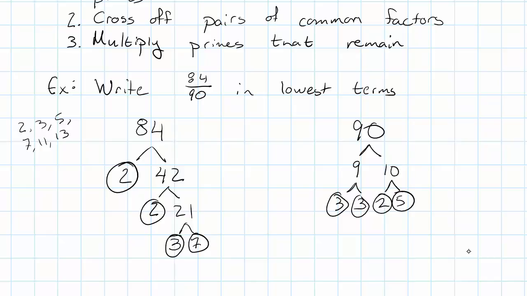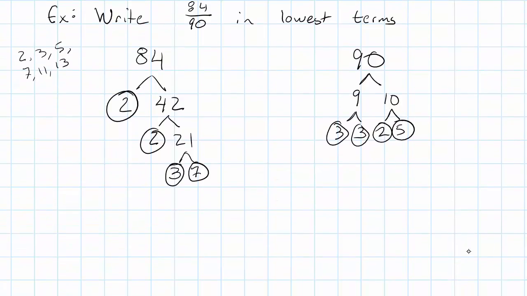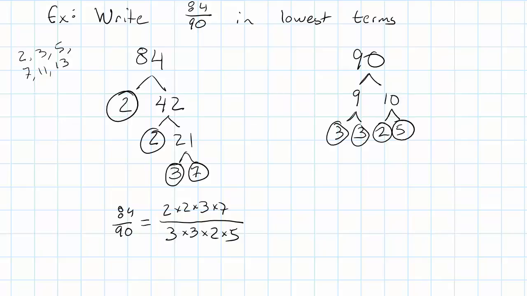Okay, so I've factored my numerator and denominator into primes. 84/90ths is 2 times 2 times 3 times 7. Right, those are the factors of my 84 over 3 times 3 times 2 times 5.